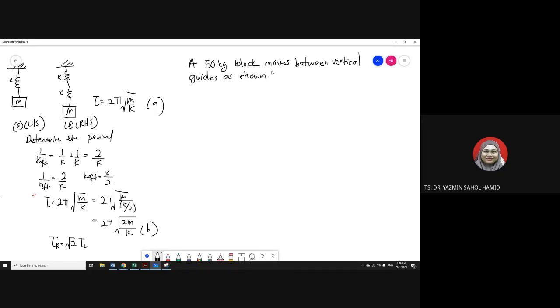The block is pulled 40 mm down from its equilibrium position and released.